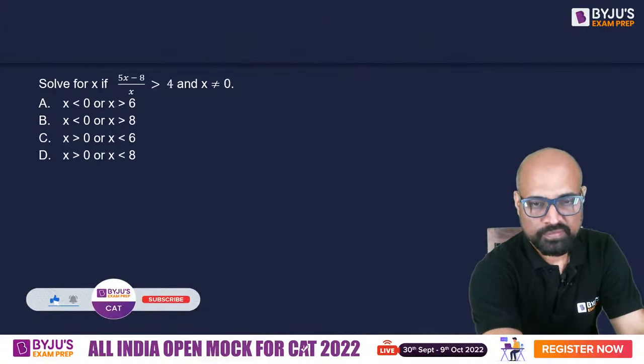So instead of cross multiplying and solving, we can solve it in two different ways, right? We can cross multiply, rearrange and solve it. Or what we can do is, we can use the options.